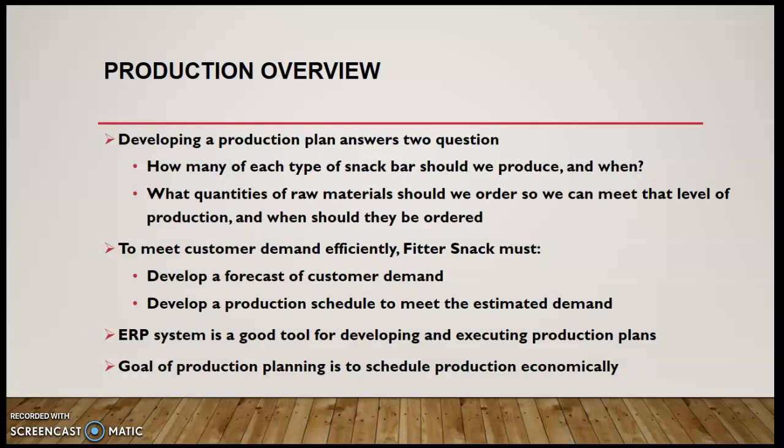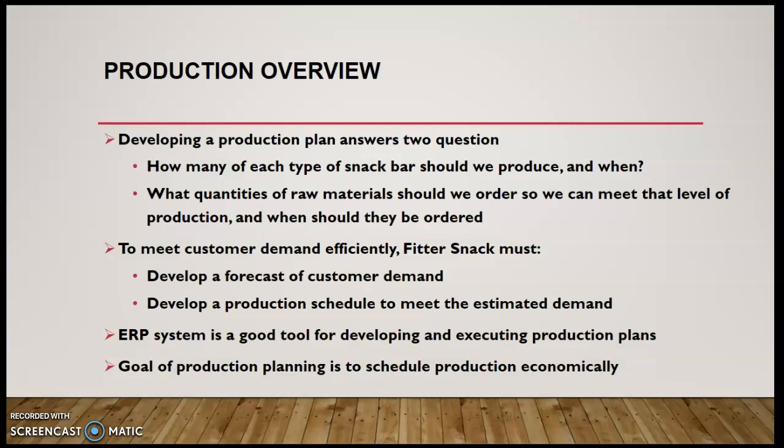To support even better supply chain management, companies can connect the ERP system to supplier and customer information systems as well. The goal of production planning is to schedule production economically so a company can ship goods to its customers by the promised delivery dates in the most cost-efficient manner.